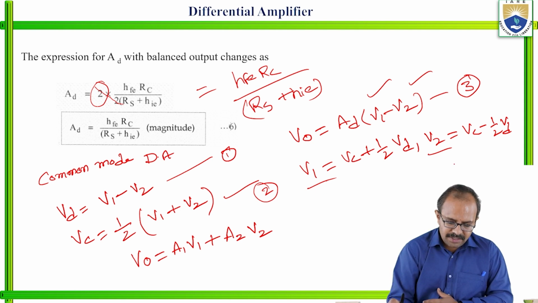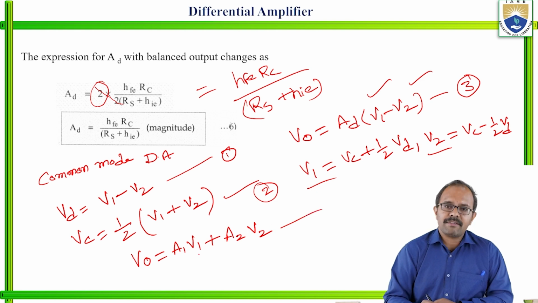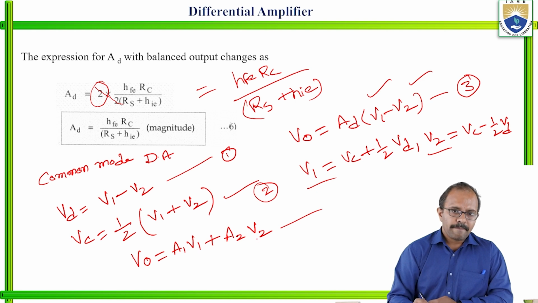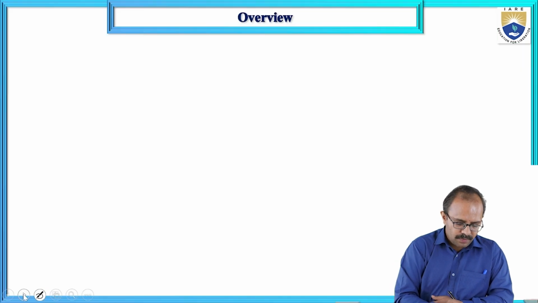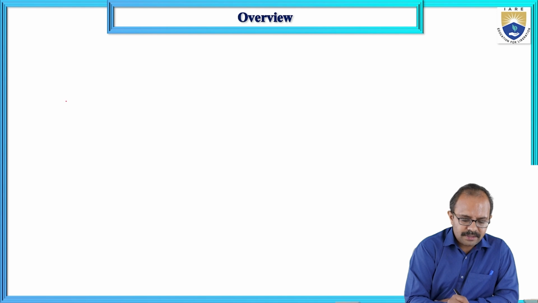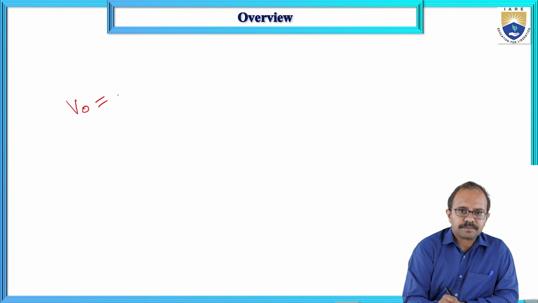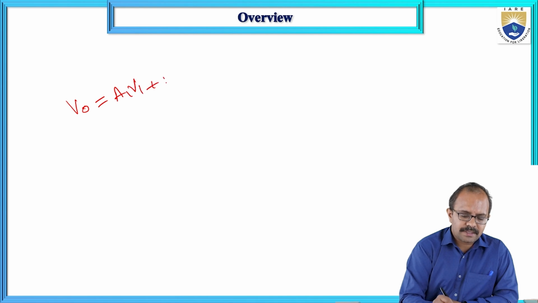So keeping these two things, we can slightly modify the expression for V0. Do remember the expression for the output voltage: V0 is equal to A1 into V1 plus A2 into V2.